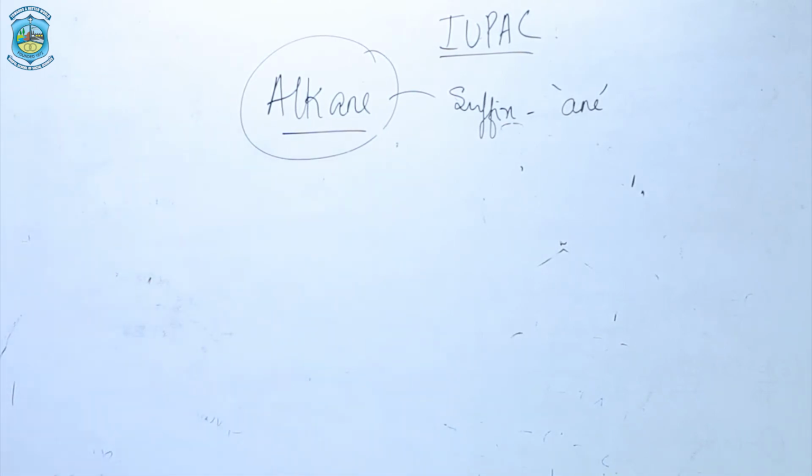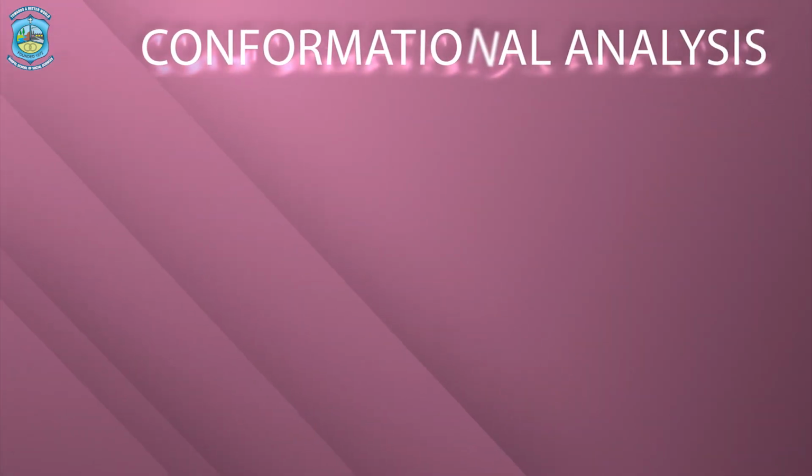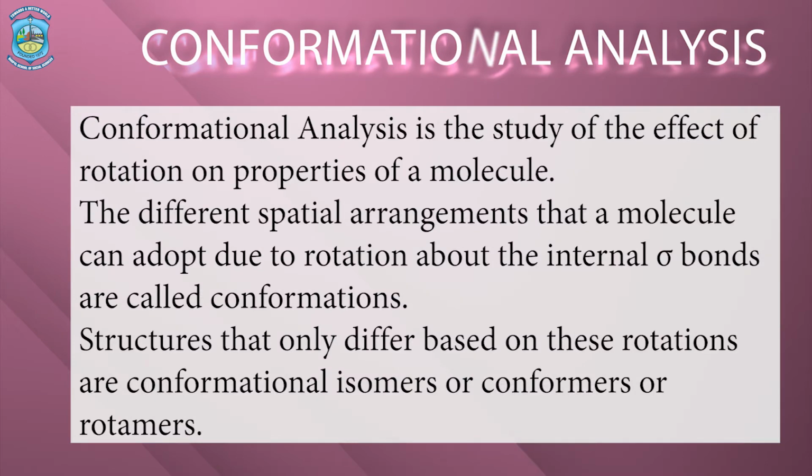So, now we are going to discuss conformational analysis of alkanes. What is conformational analysis? We have studied isomerism in our previous lecture. Conformational analysis means the different spatial arrangements of atoms in molecules which give them different intermediate forms when the carbon-carbon bond is rotated.